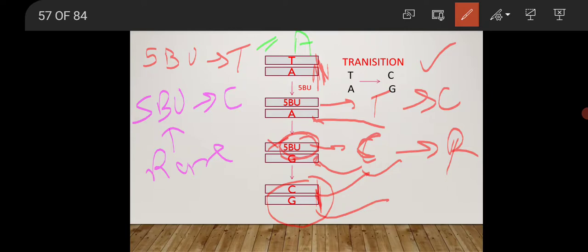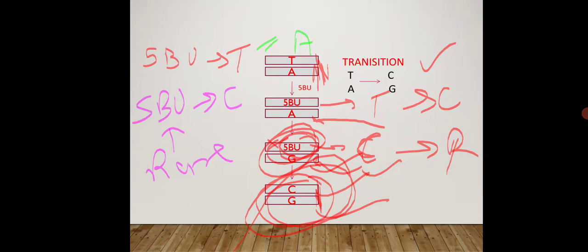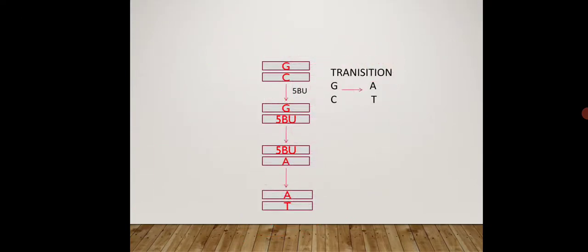And we want to remove this 5-bromouracil because it is not the original cytosine. It is the duplicate cytosine. Then it is removed and just cytosine and guanine are there. That thing you have to keep in mind, and it is called the transition type of mutation.